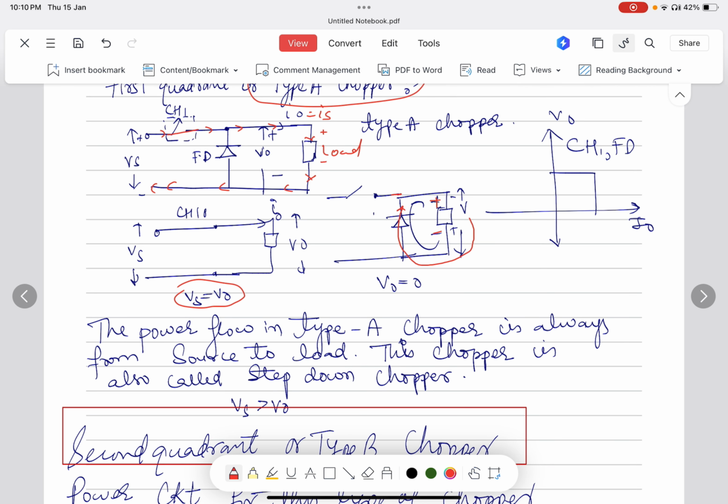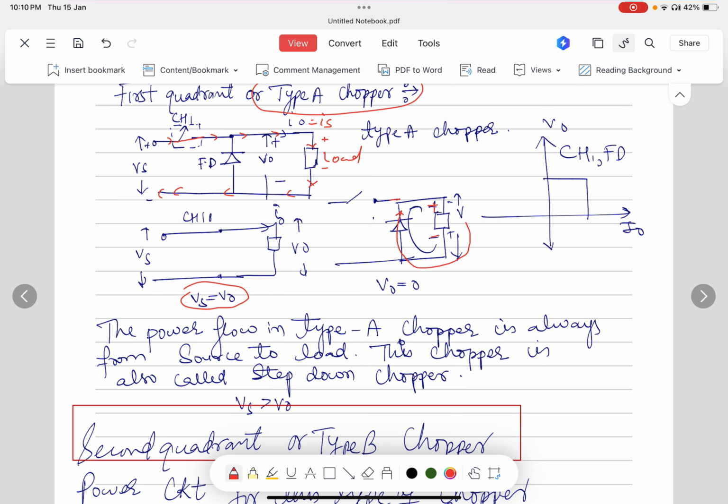What we observe here is that the output voltage and current, in both graphs, are positive. That is, the output voltage is positive and I0 current is also positive. When the inductor changes polarity, the current flows through the diode, and I0 is the same current as the load current, in the same direction.